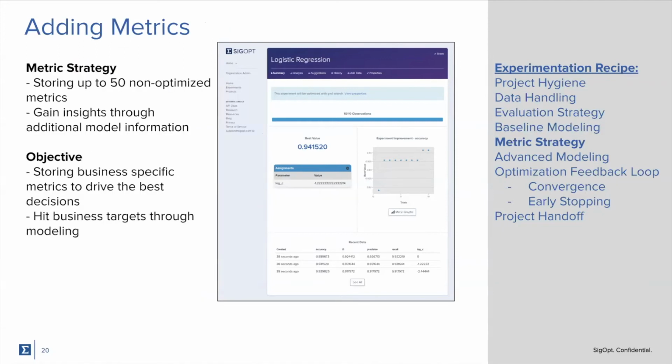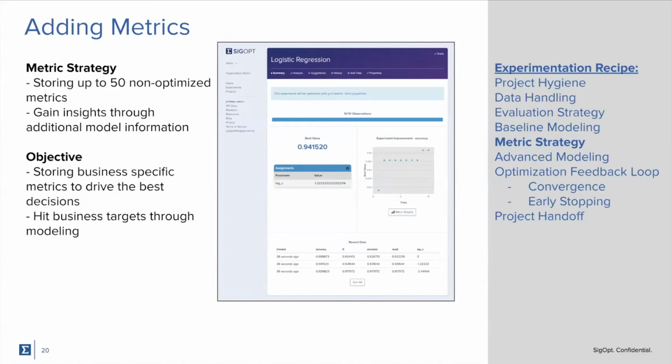One of the nice things about the SigOpt API is that we allow you to store a lot of metrics, not for the purpose of optimizing, but for the purpose of just storing information, because it's nice to have, and maybe you will need it to convince someone that the model you created is indeed the best to bring forward into production.